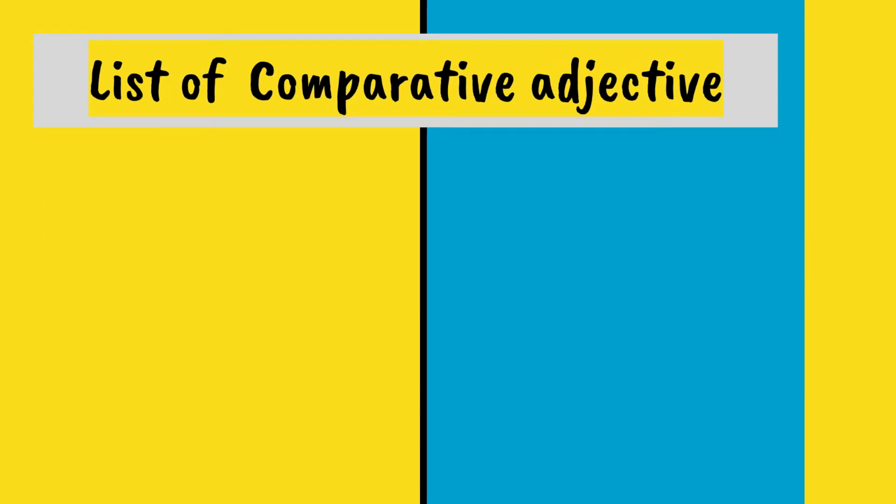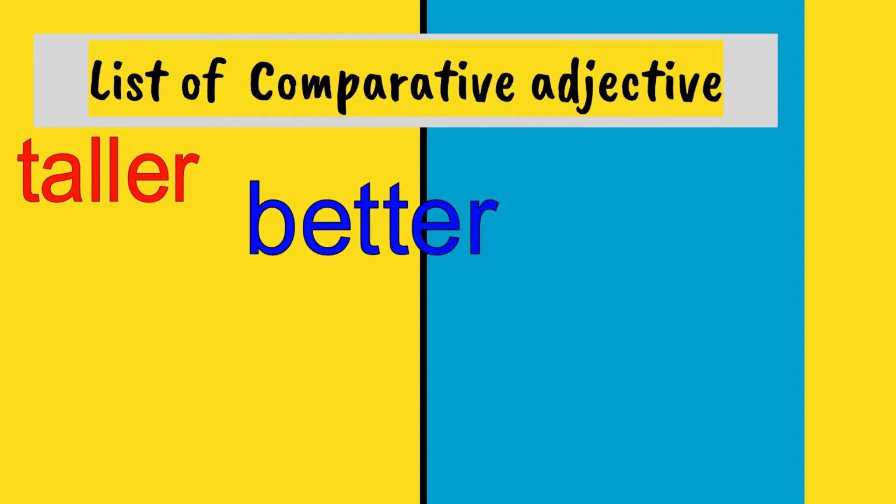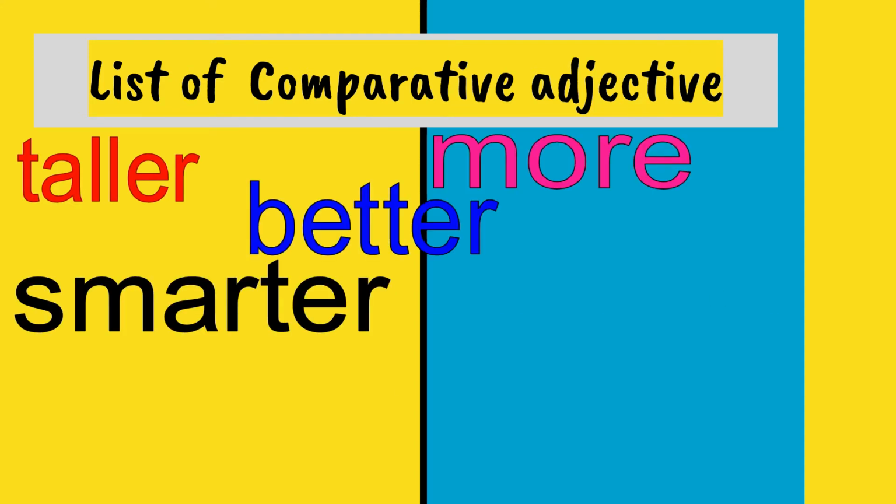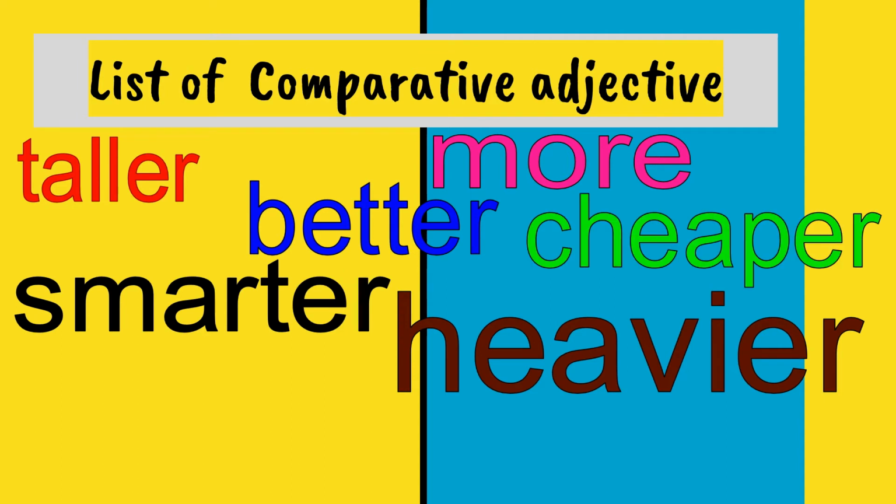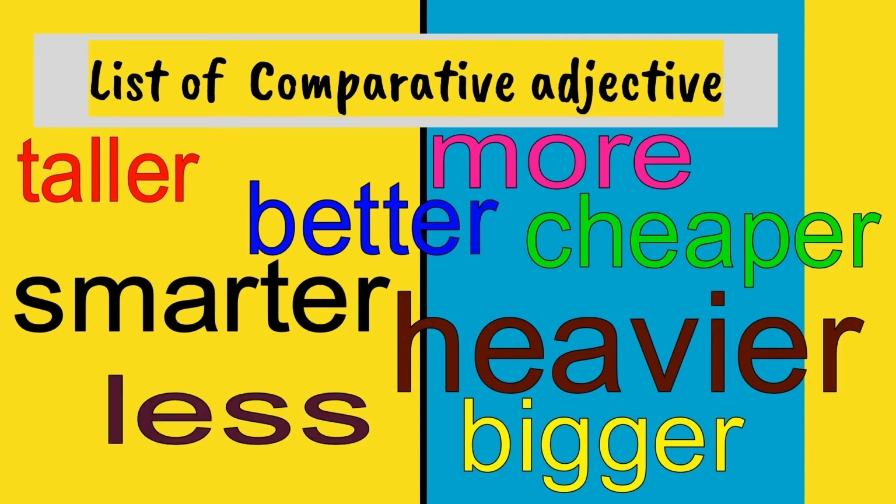List of comparative adjectives. Alright, let's see: taller, better, more, smarter, heavier, cheaper, less, bigger. All these words we consider as comparative adjectives. We will use these words to compare between two nouns.